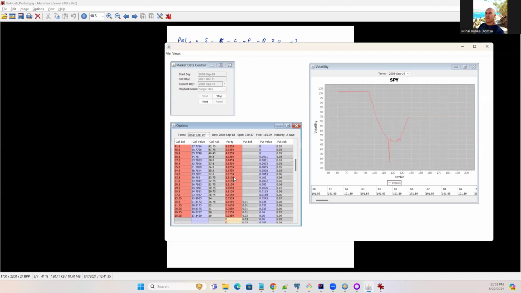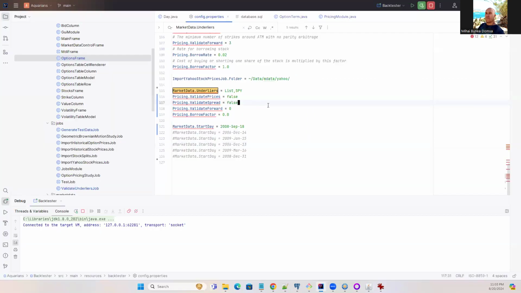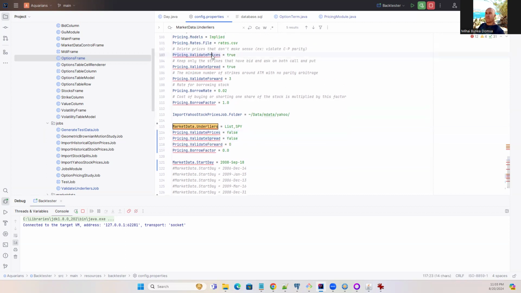Here they are huge, and how to get rid of them? This is the question. Well, there are 3 flags that control this. They're all normally set; this one is set to true.